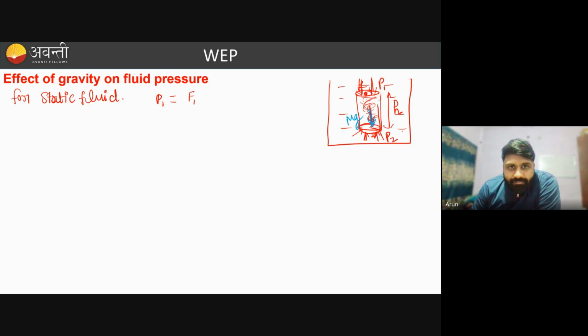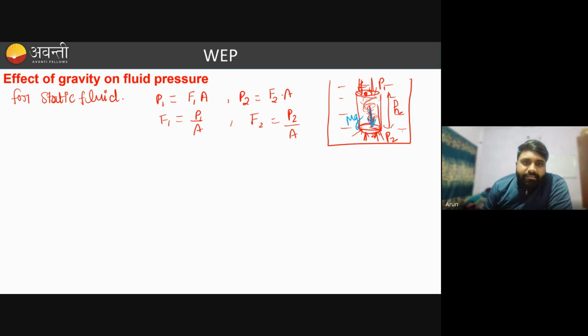So due to P1, force will be F1, which is P1 into area. P2 will give F2, which is P2 into area. So F1 is given by P1 times A, and F2 is given by P2 times A. Okay.